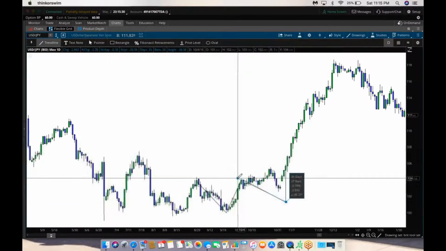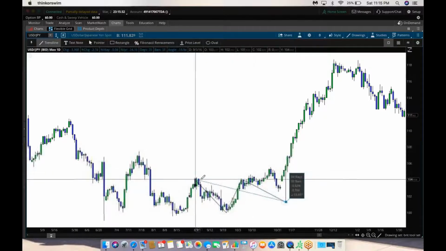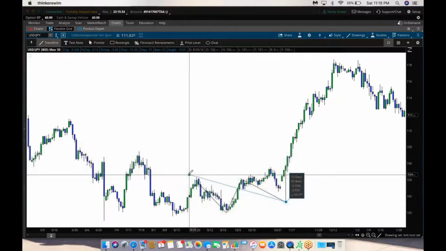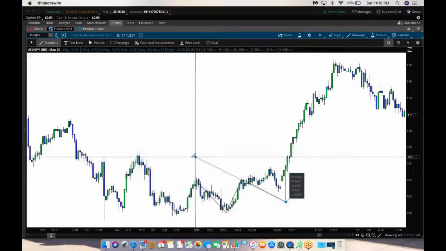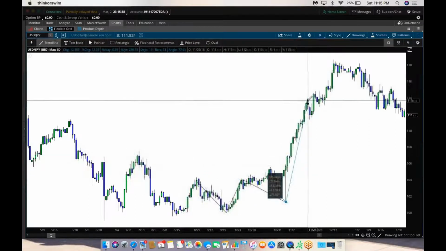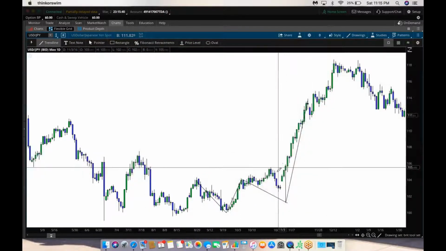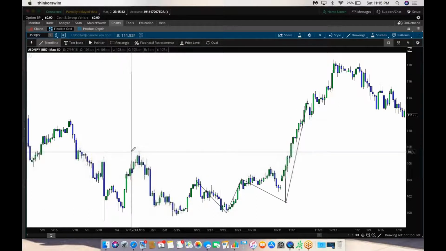And here goes the break of the structure highs, even here. So here goes the breaks of the structure highs. So now all of this right here is broken.